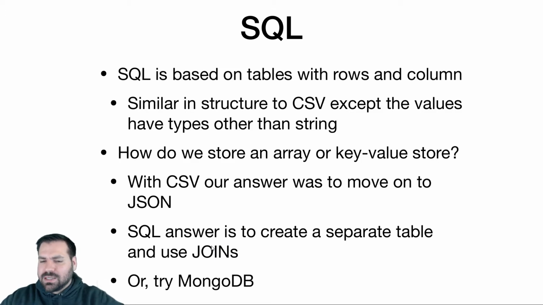So the answer to this, by the way, for anyone interested, I'll give it real quick. You would have one table which is just going to have all of the non-data structure data. And then whenever you need the data structure, you're going to create a separate table, have a unique ID for each row in the first table, and then in the second table, have that unique ID as one of the columns, and then one entry of the data structure in another column.